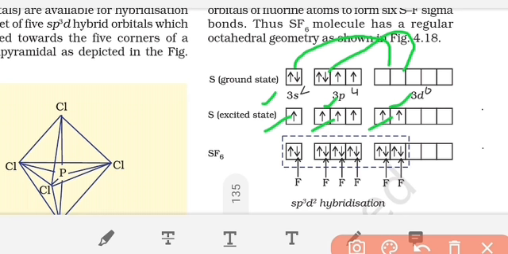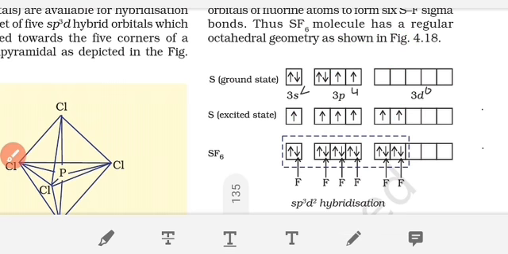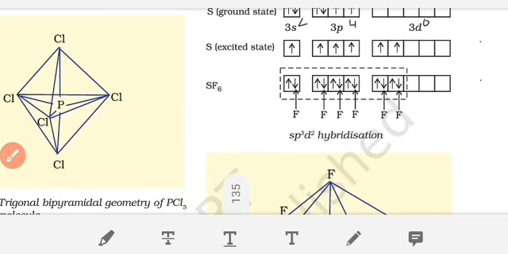After that, all these 6 orbitals, one s, all three p and two d orbitals, combine with each other. sp3d2 hybridization takes place, and in this way we get 6 hybrid orbitals of the same energy.